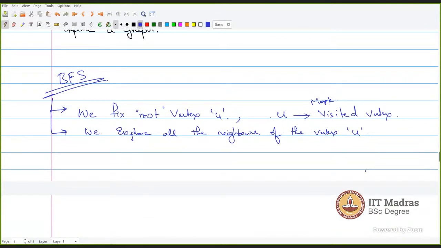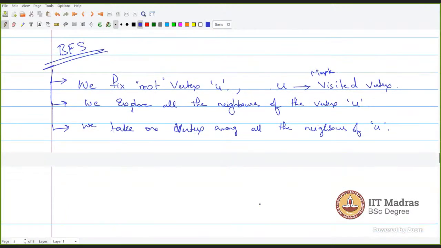And later what we do is, we take one vertex among all the neighbors of u. So if I have three neighbors to u, I will choose randomly one vertex. So take one vertex, let's say V. Now I mark V as visited.